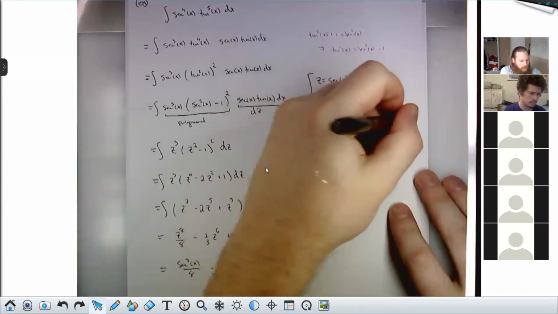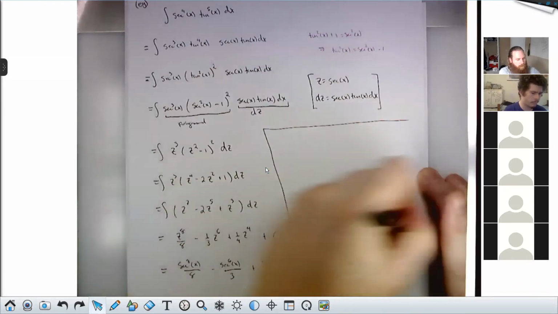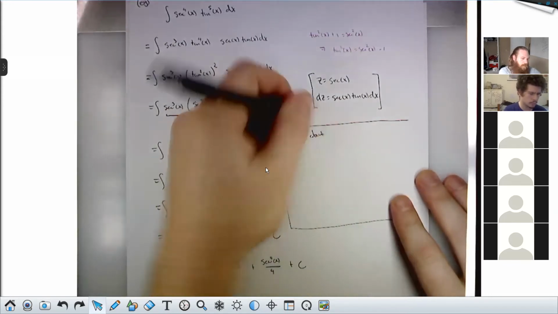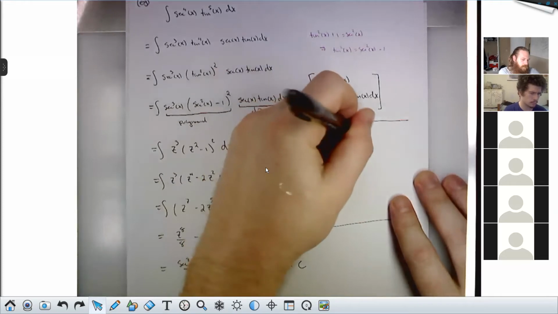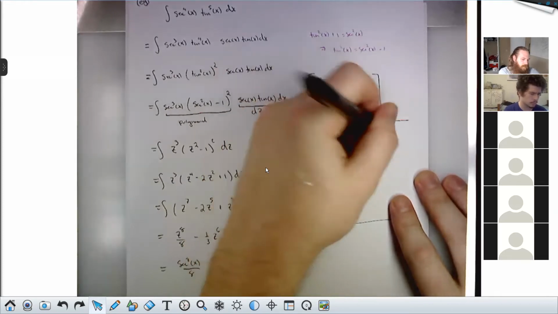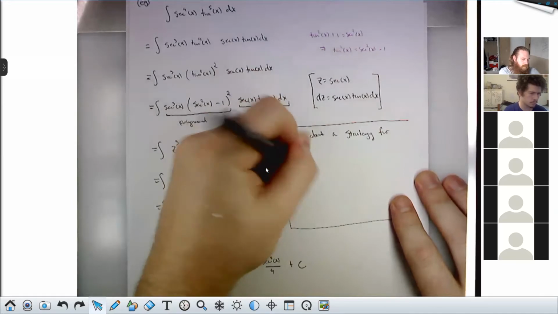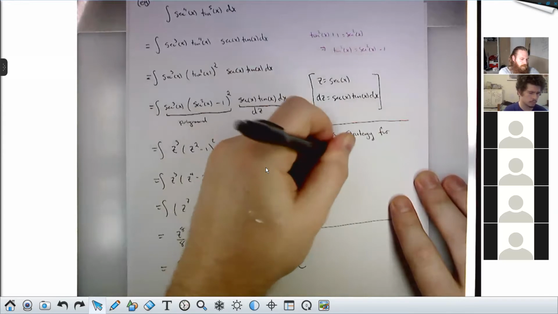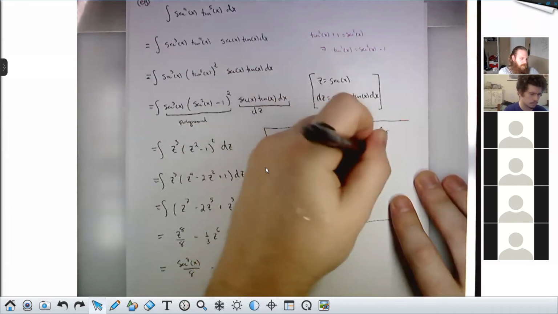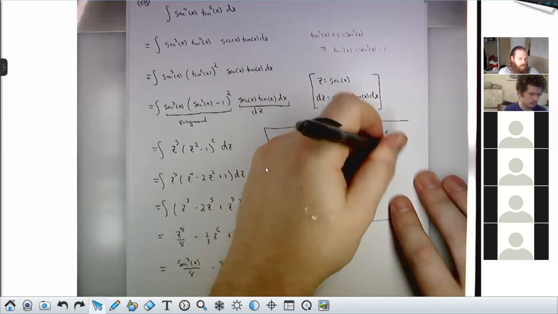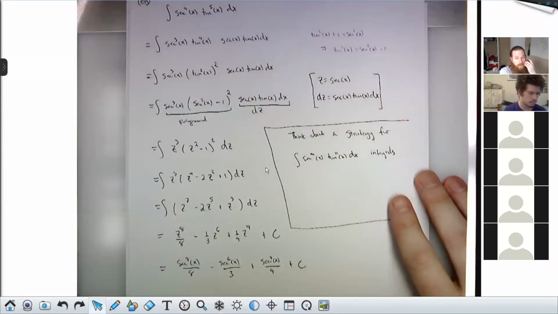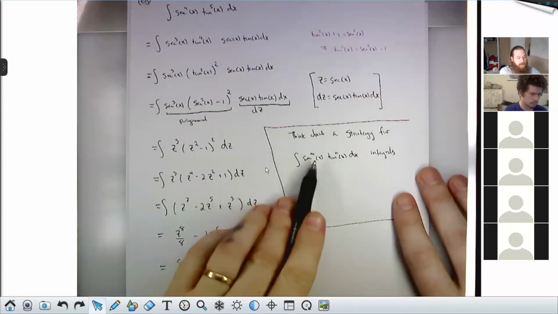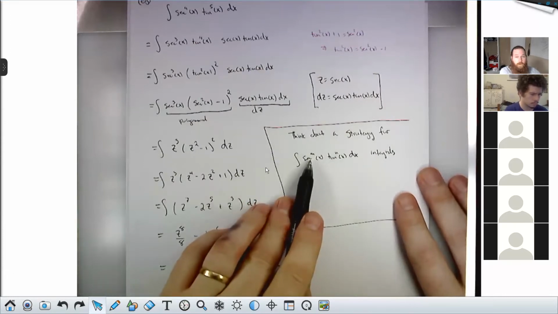Between now and Thursday, I would like you guys to think about a strategy for the secant tangent integrals in terms of the parity of m and n. We saw that if the power of secant is even, there's something we can do.